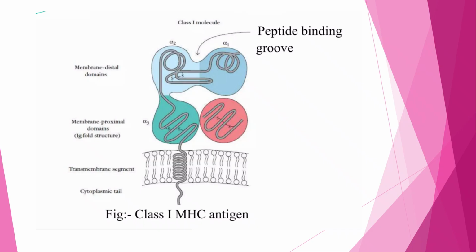Once the antigen gets internalized into the cell, it will come and bind with this portion, which is known as the peptide or antigen binding groove. After that, the MHC will come outside the cell and get presented towards the cytotoxic cells.